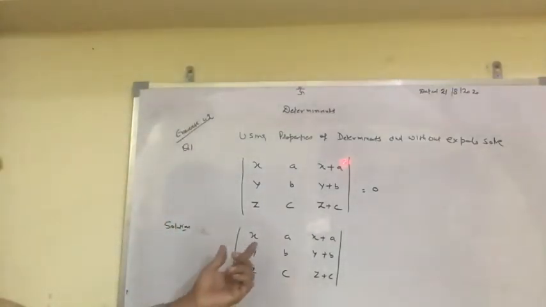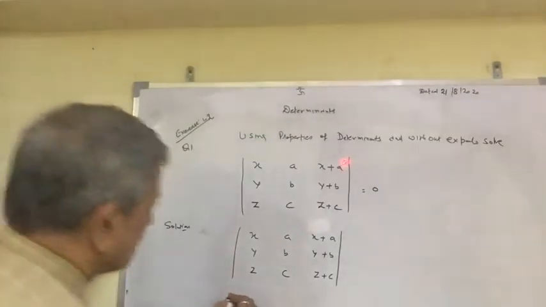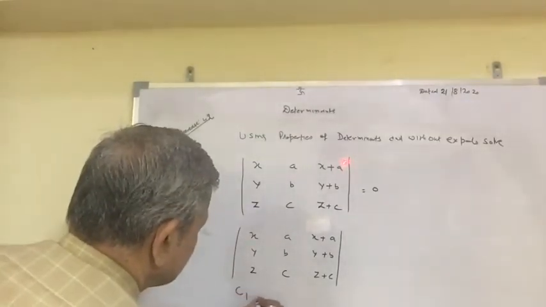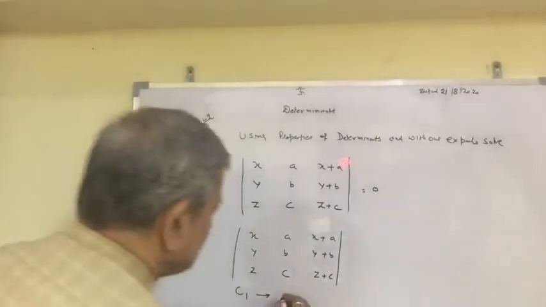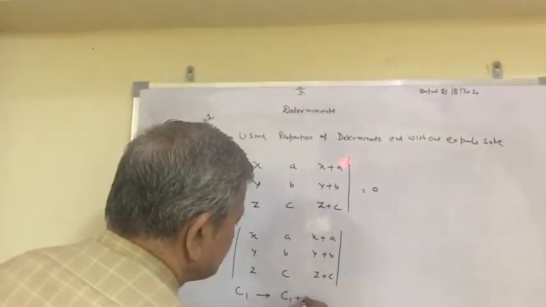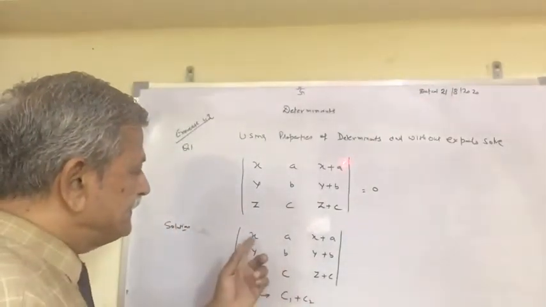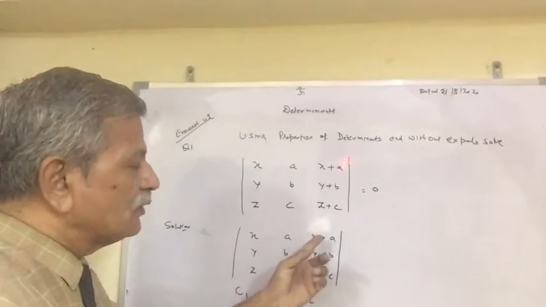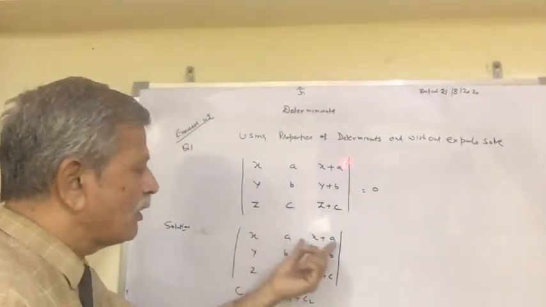Now you know that in these operations I'll use the operation C1 goes to C1 plus C2. As you have seen, C1x plus A is already given in the C3 column, so that's why I am using this operation.